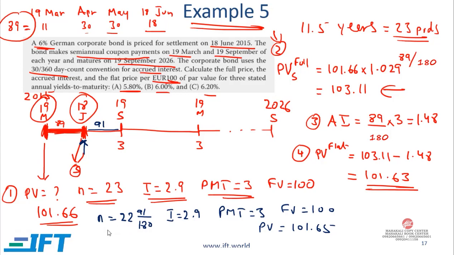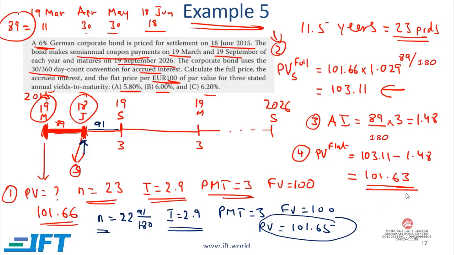The calculator does take a decimal number for n. The rest of the inputs are the same. Interest rate is 2.9%, payment is 3, FV is 100. When you compute the PV, you will get 101.65, which is almost exactly the same as what you calculated through this much longer method.